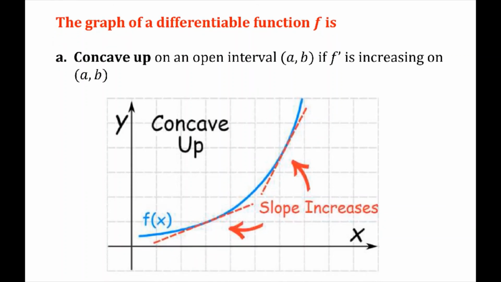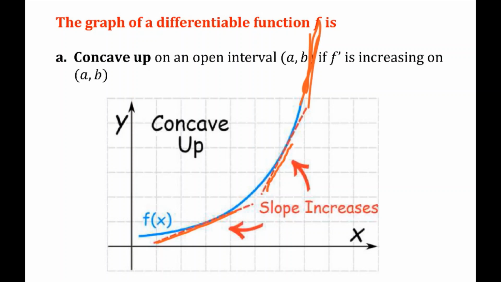So look at this case here. By looking at the tangent line, which is the one in red, we notice that the slope is increasing. So it was here, then here, and if we move on, it will become like this one. So since the derivative is increasing, that's going to be concave up.